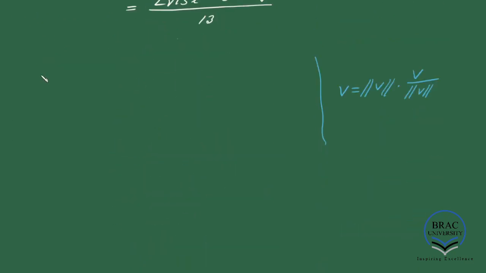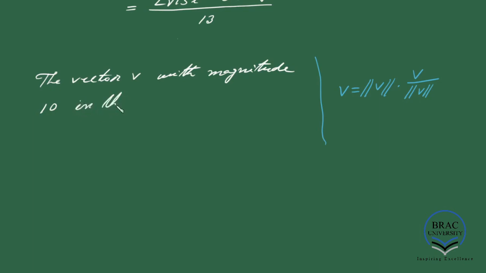So therefore we can write the vector v with magnitude 10, because it's given in the question that the magnitude of the vector v is 10, in the direction of 4i minus 6j.